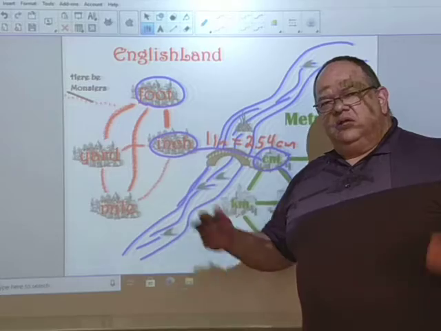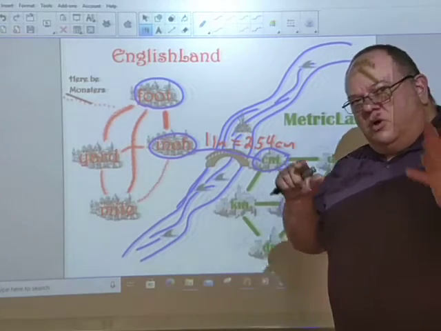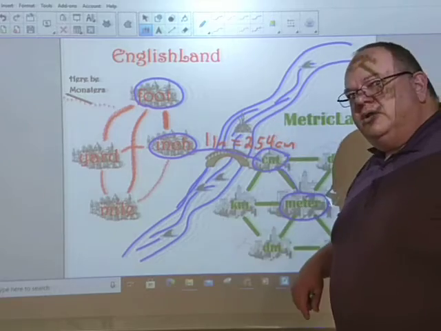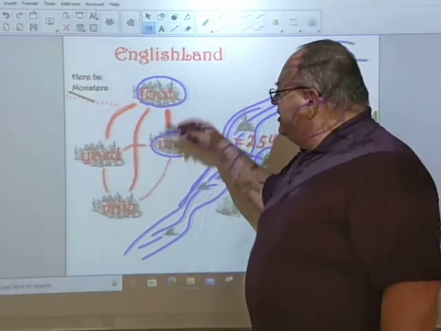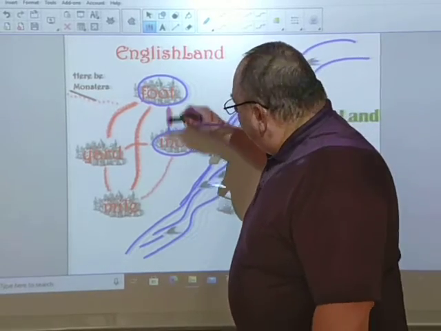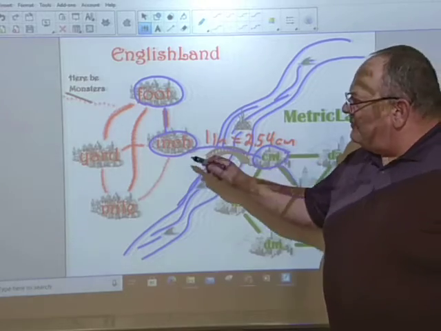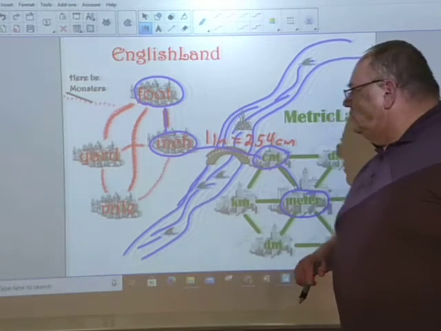Well, sure I can. I can do any metric conversion. I know there's 100 centimeters in a meter, and if I don't know that off the top of my head, I can draw out a little chart and figure that out. Can I go from inches to feet? Well, sure I can. I know that there's 12 inches in a foot. So I've just figured out that I've got a 3-step process that I'm going to do.